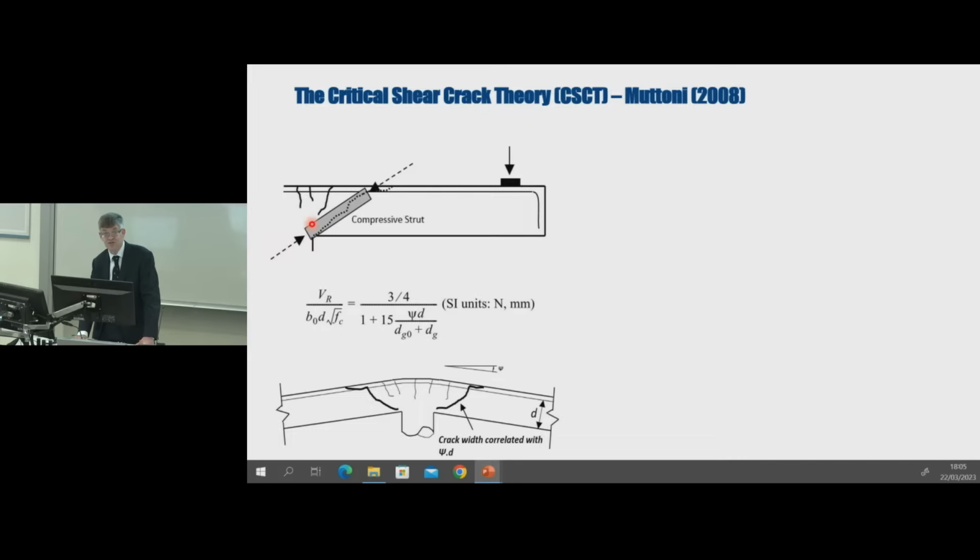So this concept is similar to that which we adopted in our strut and tie model in case study 1. In its original form, the equation was semi-empirical, but more recently, Professor Fernández Ruiz and his co-workers at EPFL have developed a refined version of the model which is based on the crack kinematics and the constitutive relationships for each shear resisting mechanism.